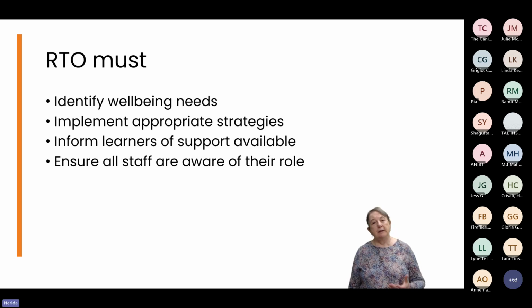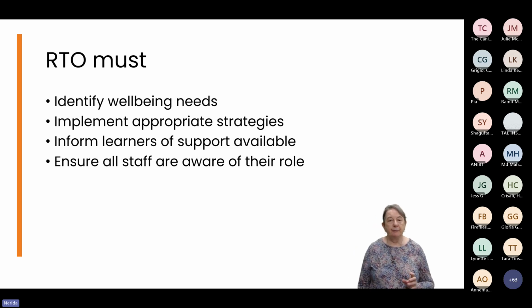So to meet Standard 2.6, RTOs need to do more than just offer support. They actually need to plan for it. And so that means knowing what wellbeing challenges your learners might face, depending on the course or the delivery mode.